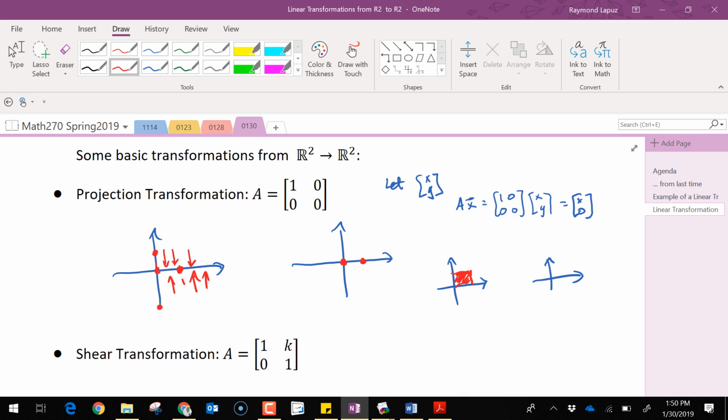A line segment from 0 to 1 on the x-axis. Does that make sense? That's easy to view, yeah? No? Oh, yeah.